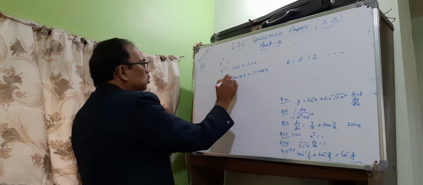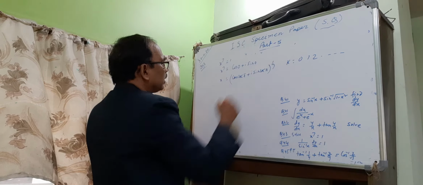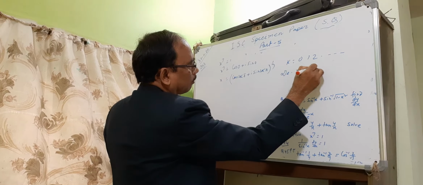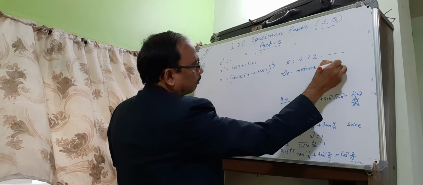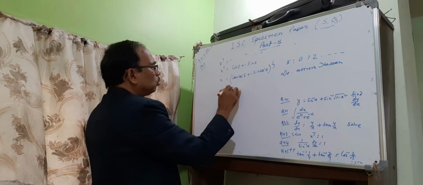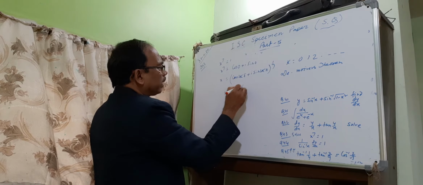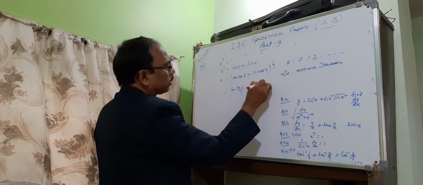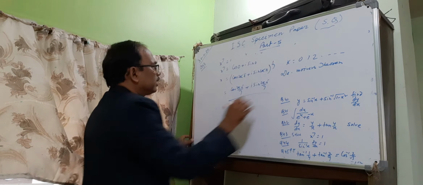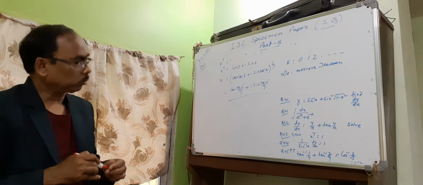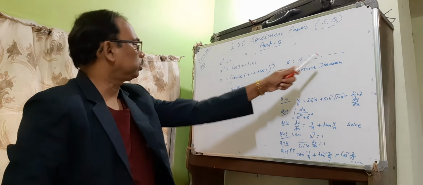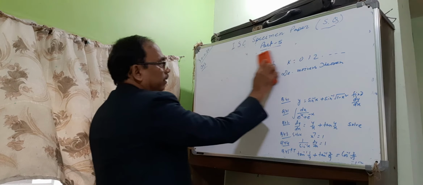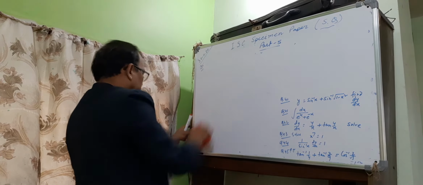Now x equals this to the power 1 by 7 using de Moivre's theorem, then x equals cos 2k pi by 7 plus i sin 2k pi by 7. That is the solution of the given expression. Putting k values 1, 2, 3 and so on, we will get the different values. Next, sum number 44.